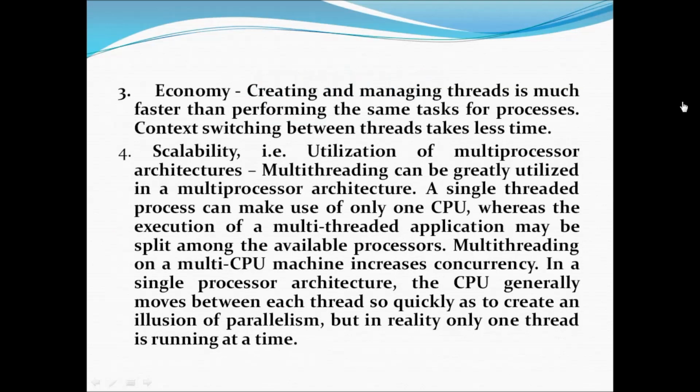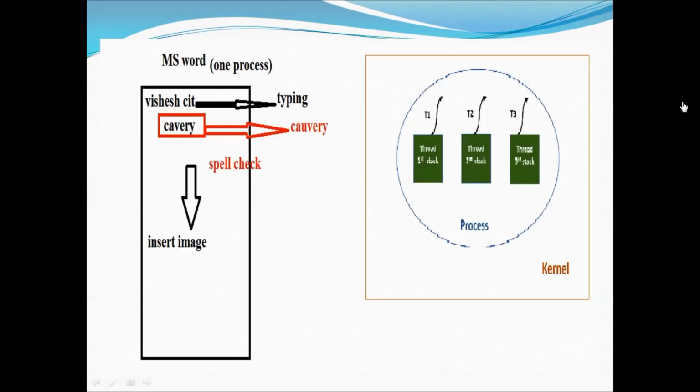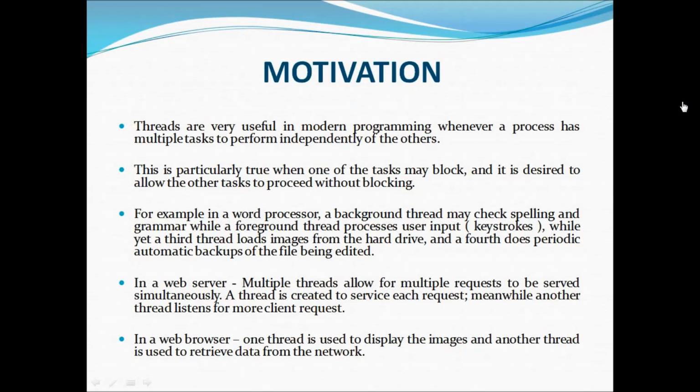So what is the next advantage? Economy. Creating and managing threads is much faster than performing the same tasks for processes. For example, context switching. Context switching means you can switch between different threads. For example, in the MS Word application, you can move from the typing thread to the spelling check thread, from spelling check to the insert image thread, or again from insert image back to the typing thread. That is context switching.